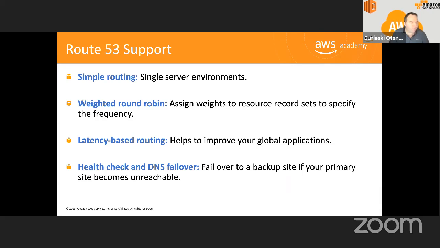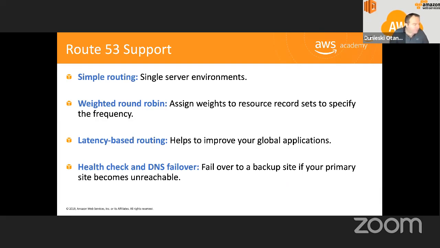It uses a simple routing policy for when you have a single resource that performs a given function for your domain, such as one web server that serves content for the example.com website. In this case, Route 53 responds to a DNS query based only on the values in the resource record set, like the IP address in an A record.